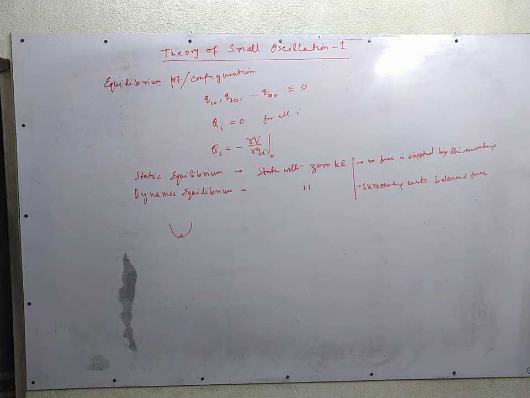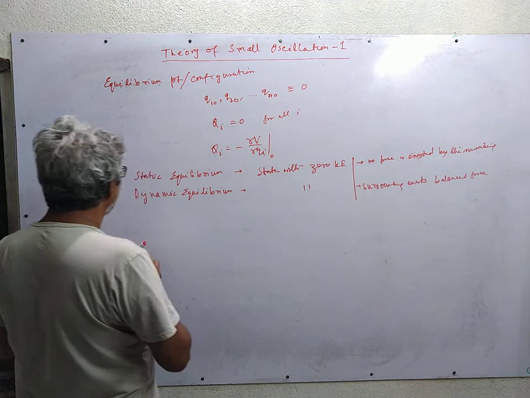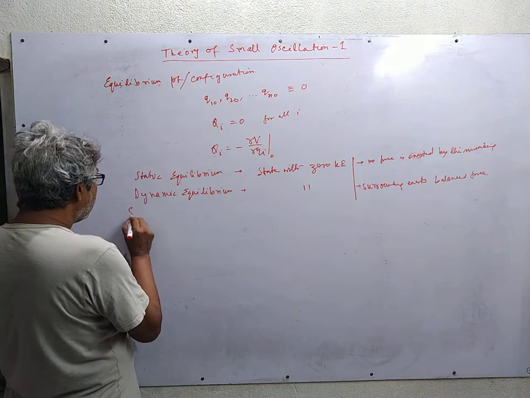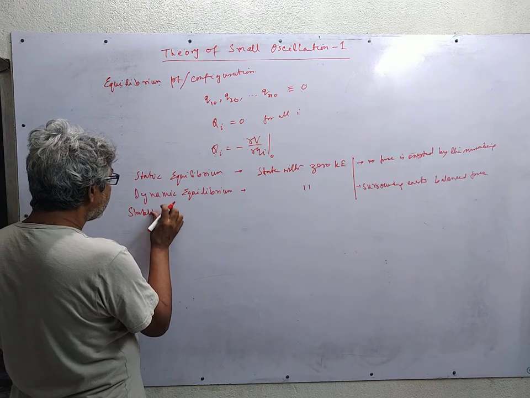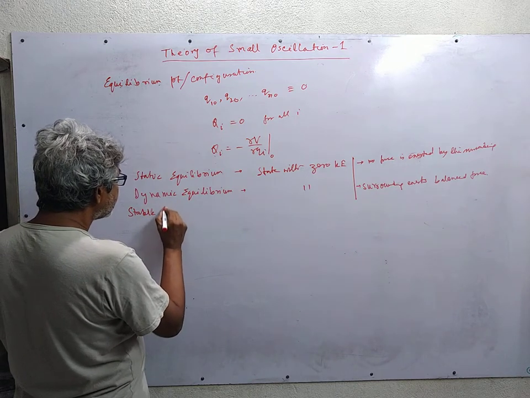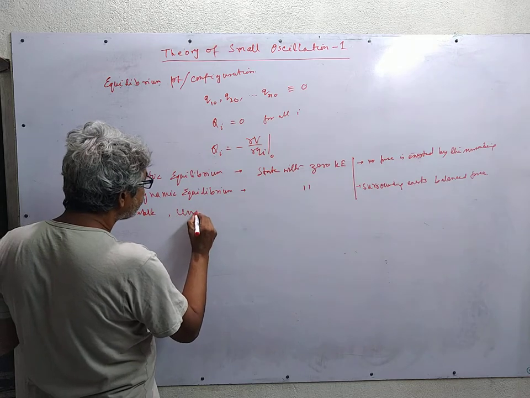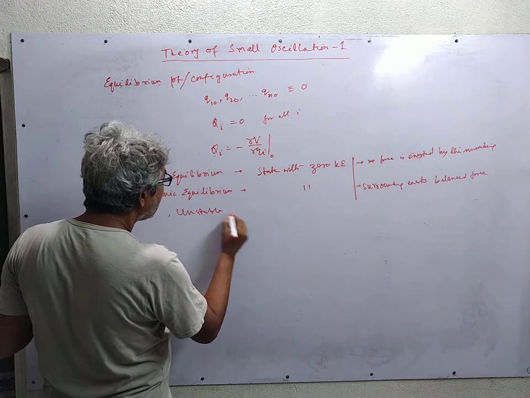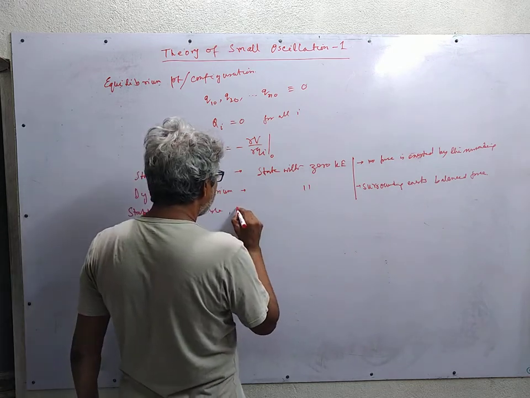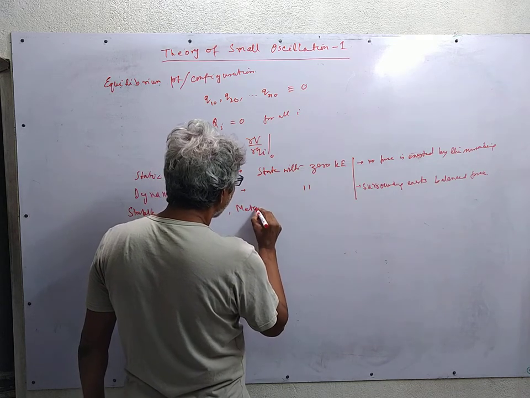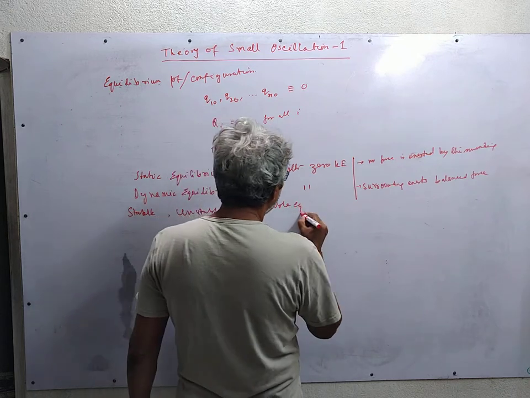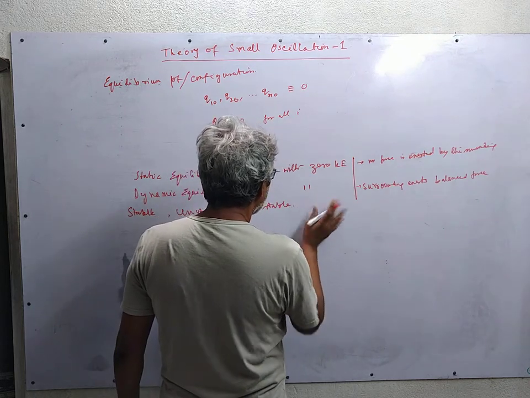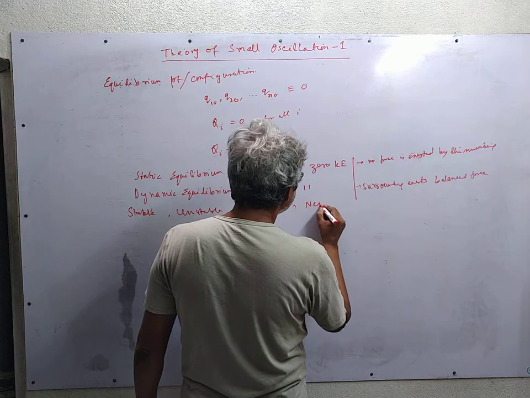There are other distinctions of equilibrium. They are denoted as stable equilibrium, unstable equilibrium, metastable equilibrium, and neutral equilibrium.